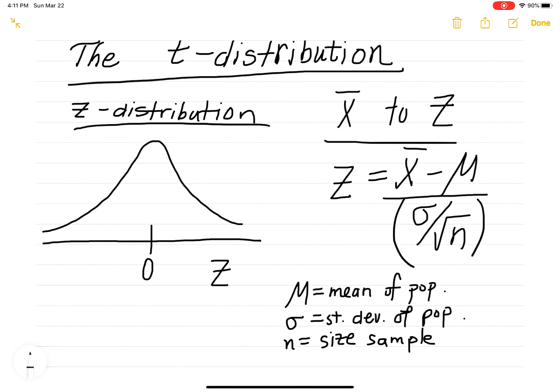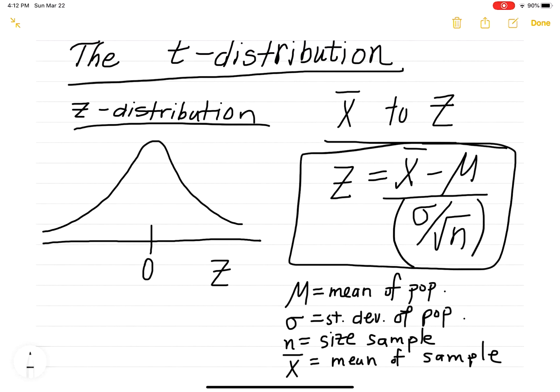And remember that x bar is the average of the sample, or the mean of the sample. So this was the formula right here for converting from a particular sample mean to a z-score.